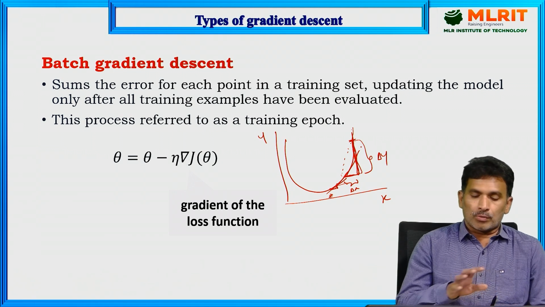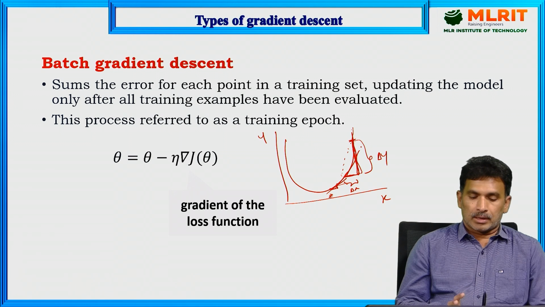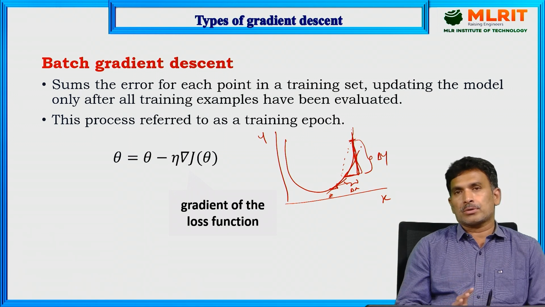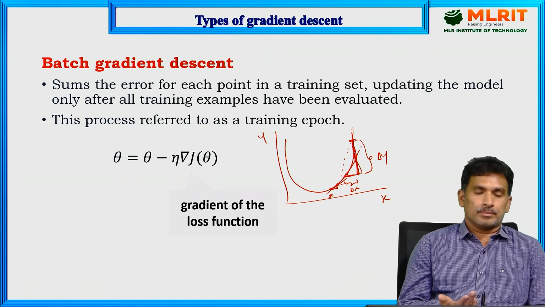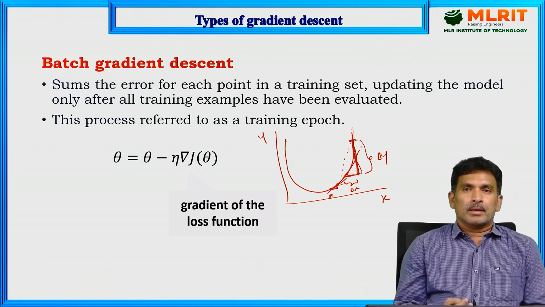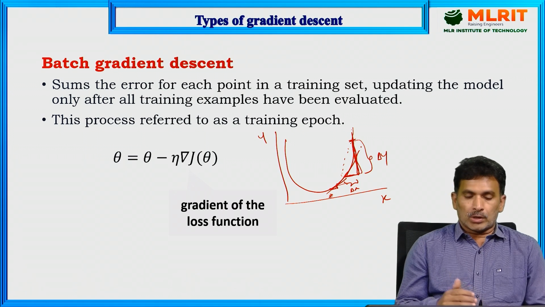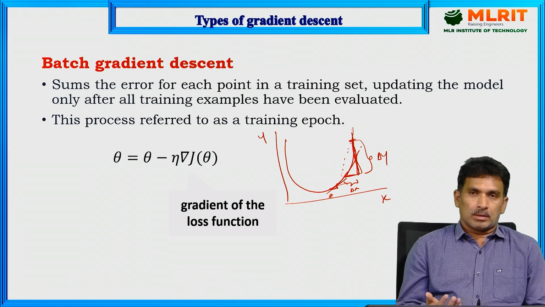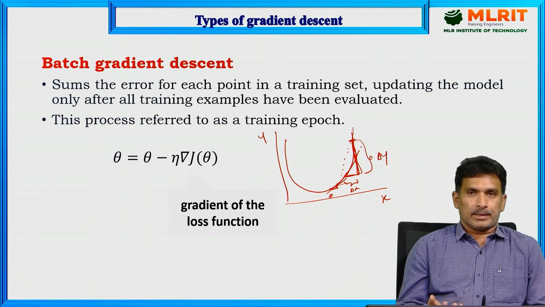To overcome all this and to minimize the objective function, which is the primary objective, there are also secondary concerns. If you want to train the model, how much time would it take?